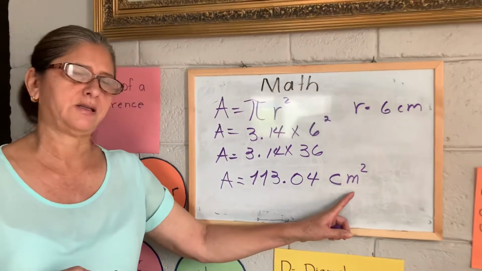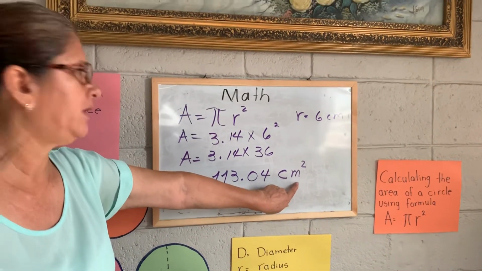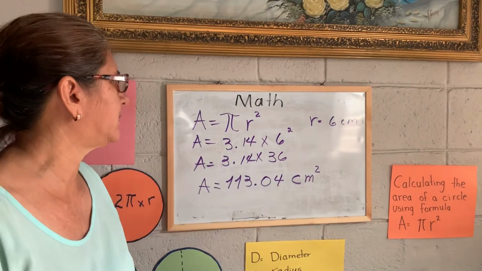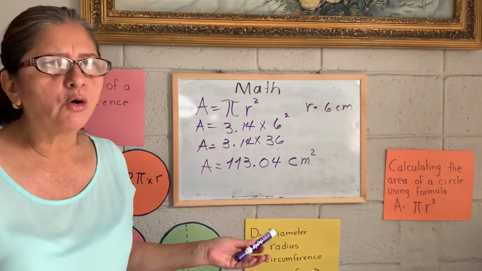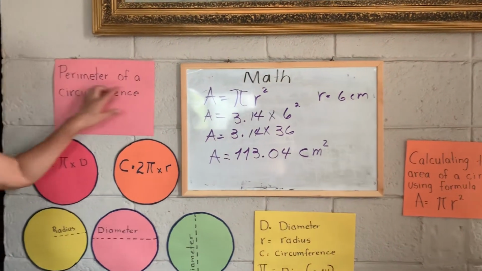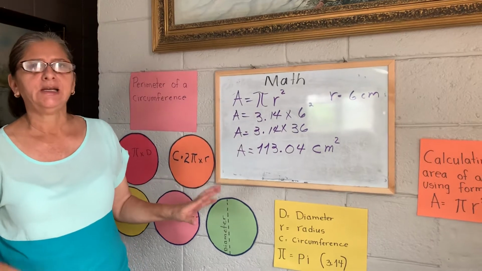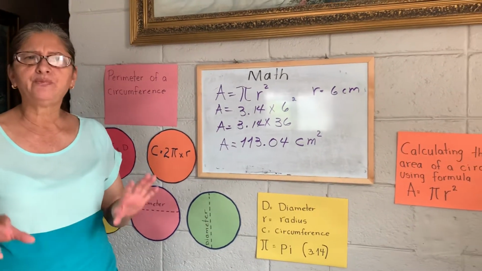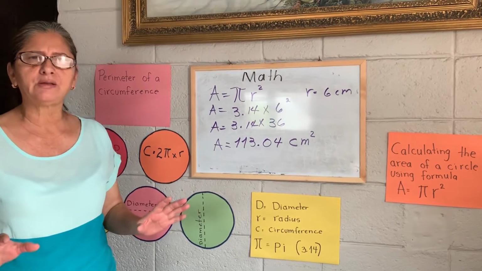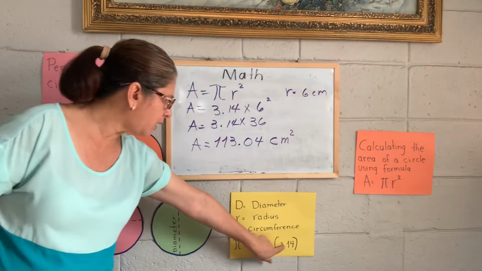Don't forget that. You have to square the unit, in this case centimeters. And that's it. The formulas to find the perimeter of a circumference and the area of a circle are easy. Just replace, because the most important thing is that the value of pi is 3.14.